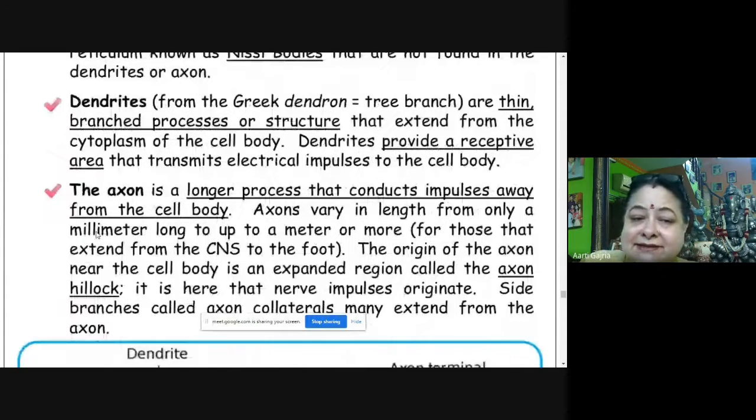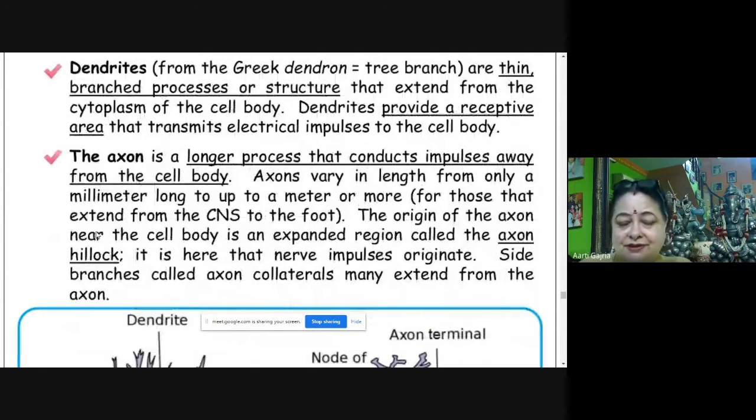Then there is axon. Axon is a long process that conducts impulse away from the cell body. So axon is transferring the information from the cell body to other nerve cells. So they are taking the impulse away from the body.